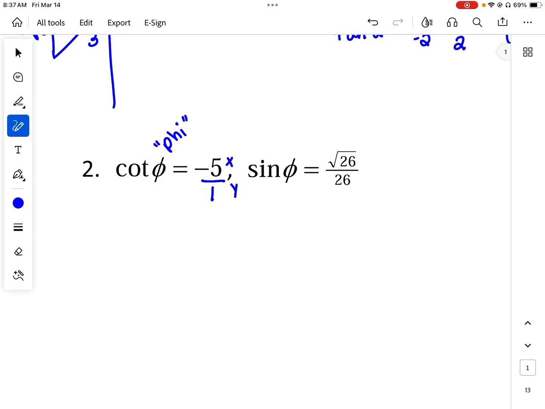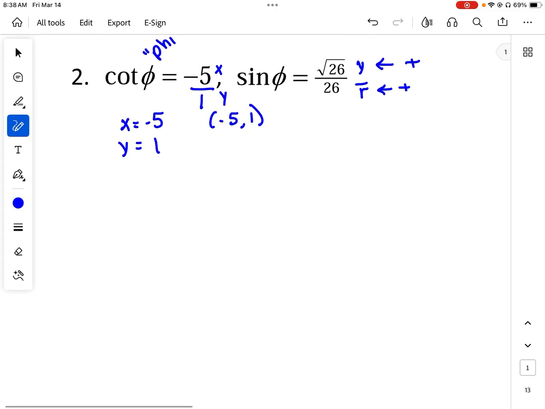Cotan is x over y, and then sine is y over r. The y value is going to be positive because r is always positive, so in order for the whole thing to be positive, y has to be positive as well. That leaves us with x is -5 and y is +1.